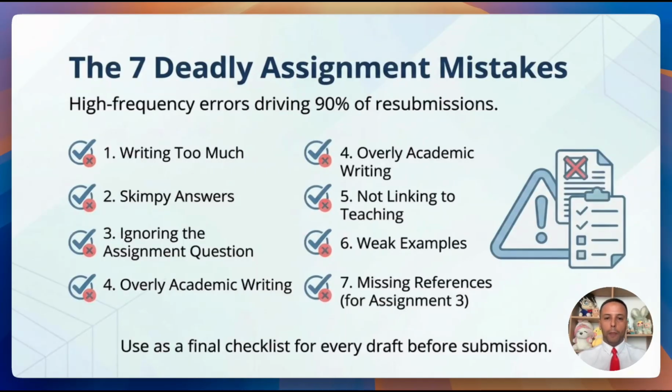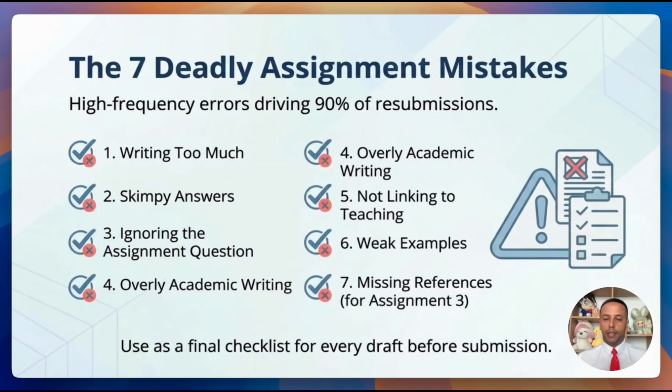Mistake 4, overly academic writing. You are writing like an essay for a linguistics degree. Write like a teacher, as I told you. Explaining like you are explaining to a colleague. Be clear, practical, accessible. Mistake 5, not linking to teaching.